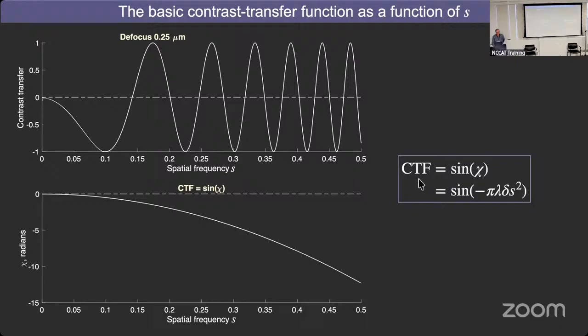This so-called contrast transfer function is the sine of this thing people call chi, which I just told you about. Chi is a parabolic function that gradually increases in the negative direction, so you take the sine of that and you get the contrast transfer.